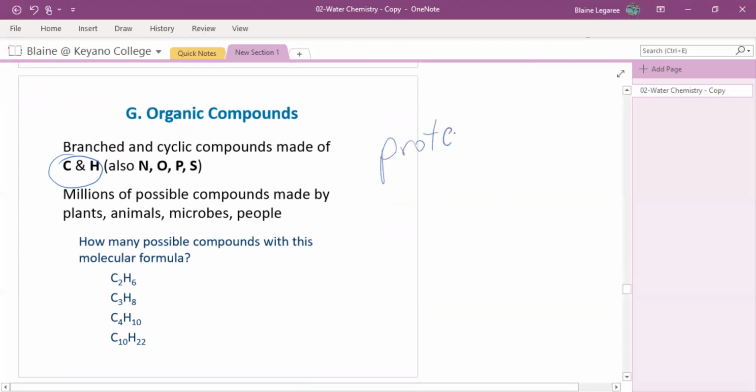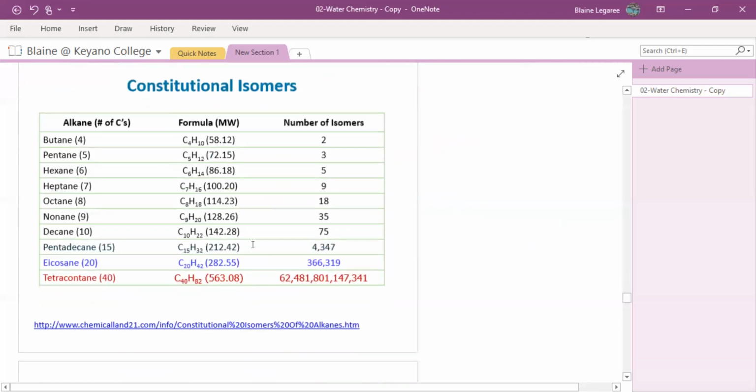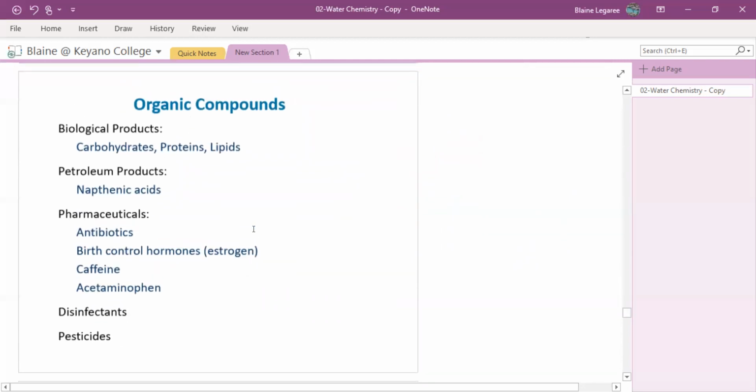So we're talking about proteins and lipids, kind of the main ones, but you can also talk about carbohydrates, nucleic acids, and many synthetic and otherwise compounds. I'll give you some examples in a minute. I'm going to skip this thing here. You can savor that and wait for organic chemistry to talk about constitutional isomers, but I'm going to skip that for now.